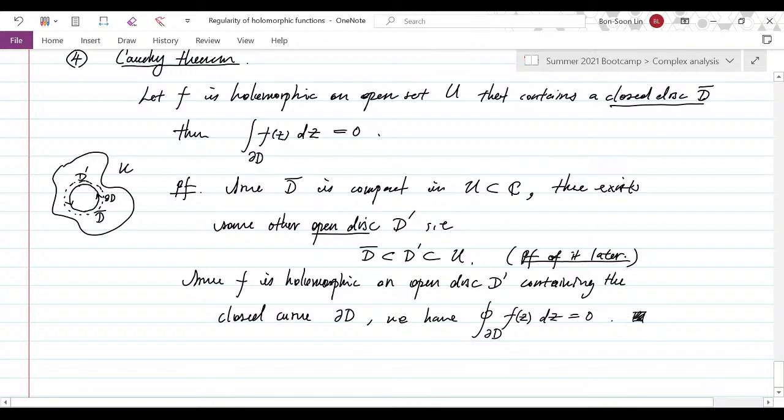Okay, so pretty straightforward. And we will use this quite often, integrating along a circle, things of that nature.